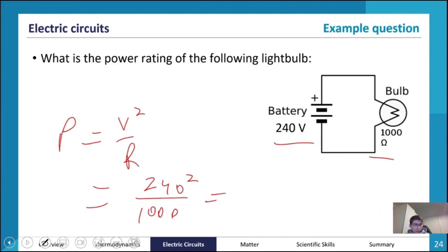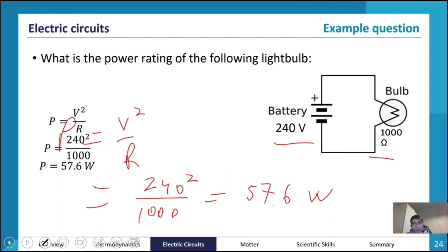This will give us the power in watts. In that case, it is 57.6 watts. The solution is right there.